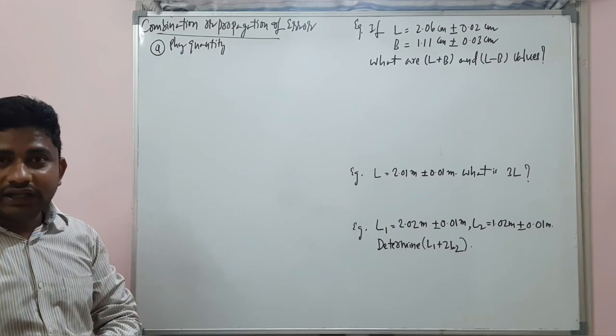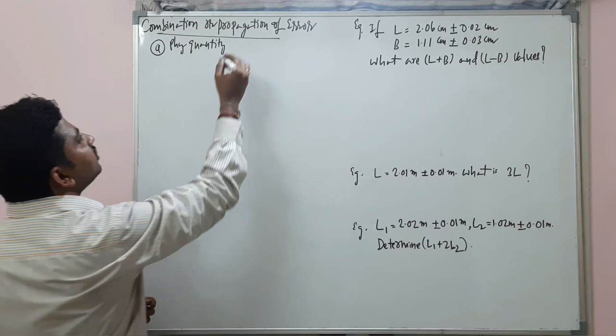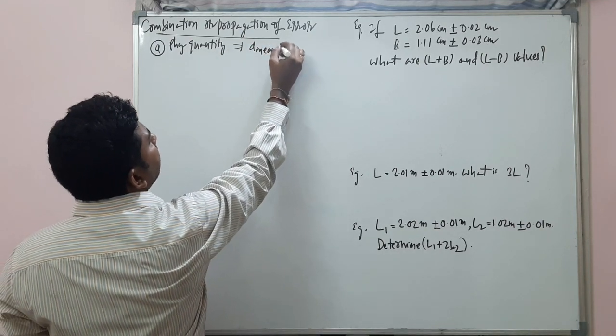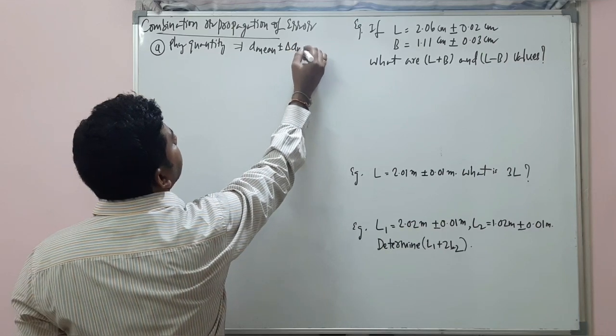Any physical quantity we can write in this way: A mean plus or minus delta A mean.